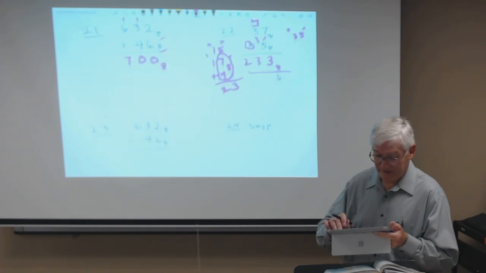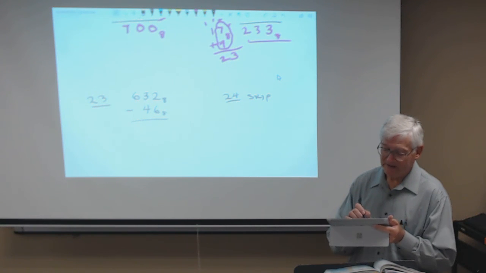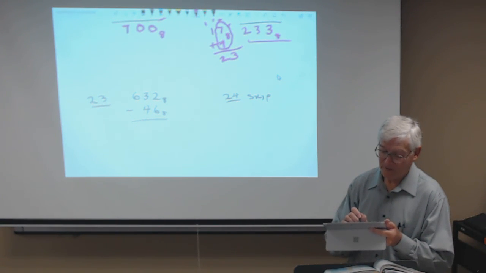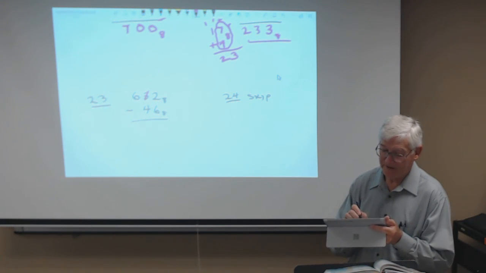Number 23, subtraction. I can't subtract 6 from 2, so I change this to, instead of 3, what is this? This is 8 to the 0, and 8 to the 1, and 8 squared.